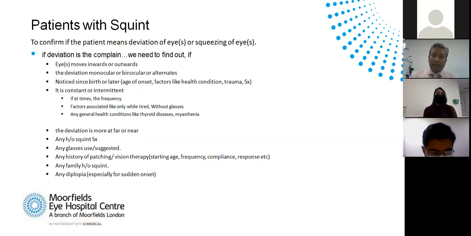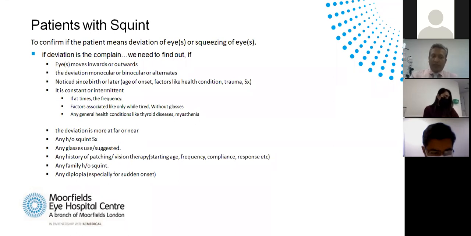And there are certain health conditions, for example, myasthenia gravis or thyroid diseases, which can at times give squint, or alter the presentation of squint, the frequency, or how much the squint will be. So it is very important to get the general health condition for this reason as well.